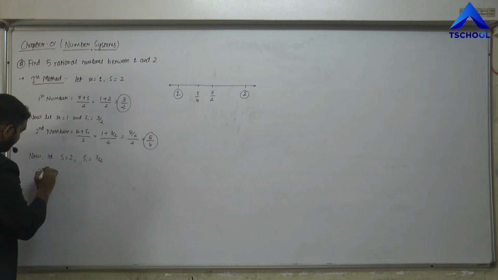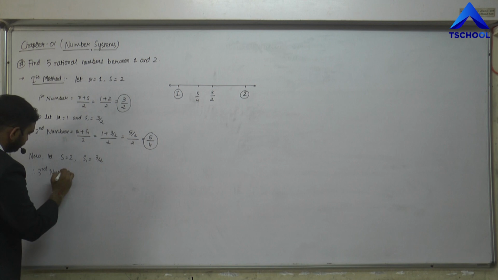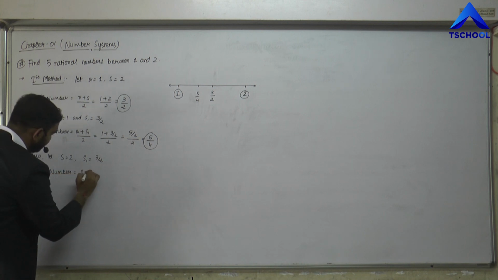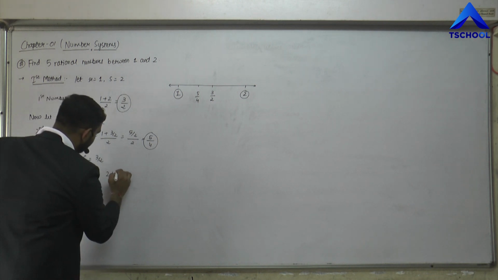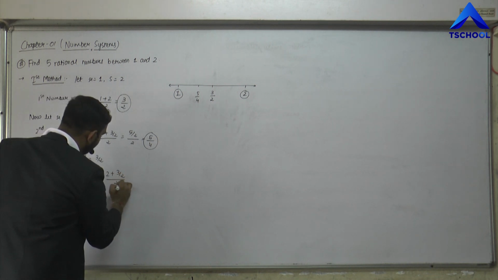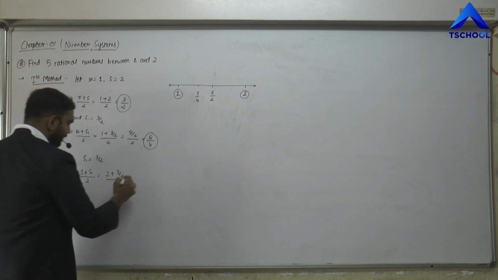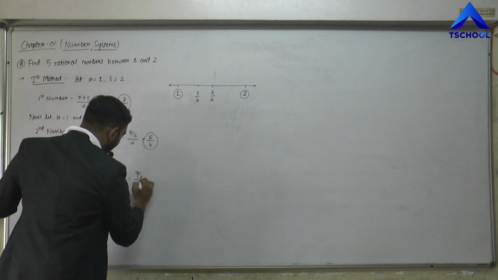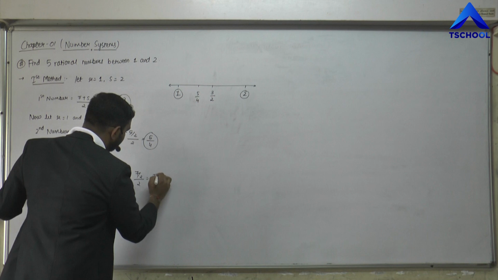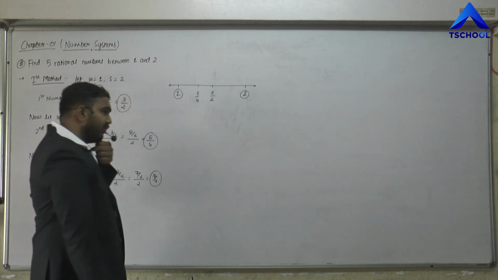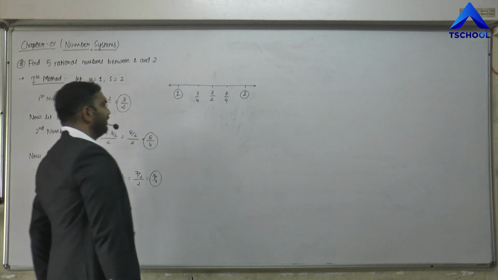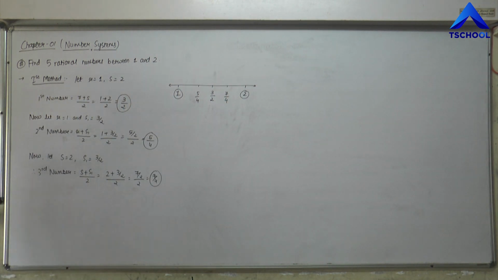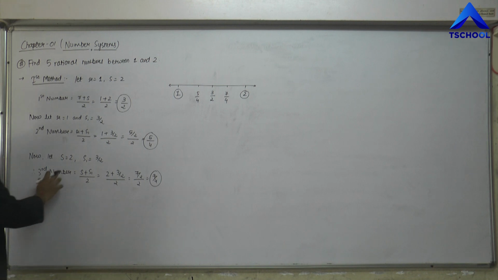Therefore, the third number is equal to s plus s1 by 2, which is equal to 2 plus 3 by 2 upon 2, that is 2 into 2 is 4 plus 3 is 7, 7 by 2 upon 2, which is equal to 7 by 4, right? So I shall get a number here, that is 7 by 4. Is it clear, friends? So we got the third number between 1 and 2, that is 7 by 4.